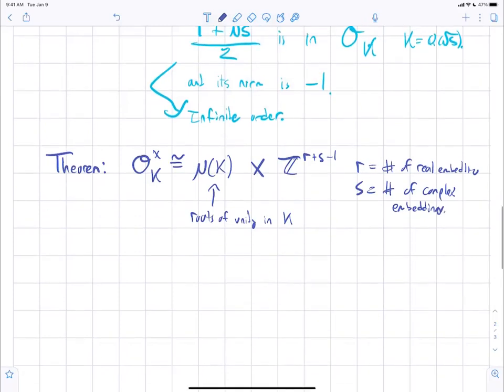Okay, we'll prove this in a minute, but what does this imply in the imaginary quadratic and real quadratic cases? Just to connect back to these two examples. If K is Q(√m) with m less than 0, then there are no real embeddings, and s is the number of complex embeddings over 2.